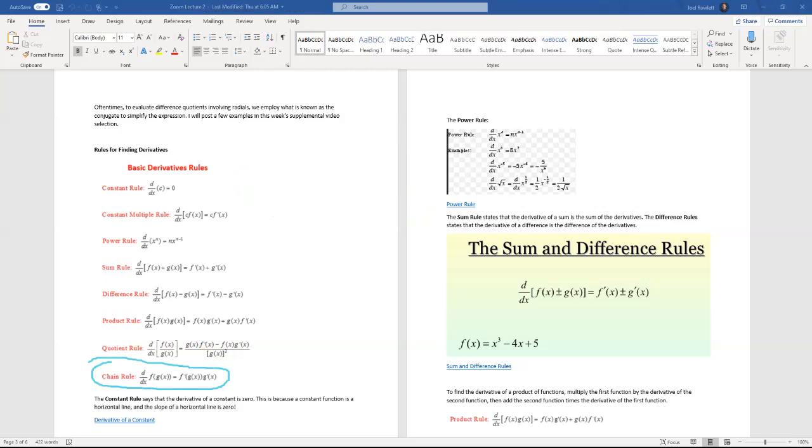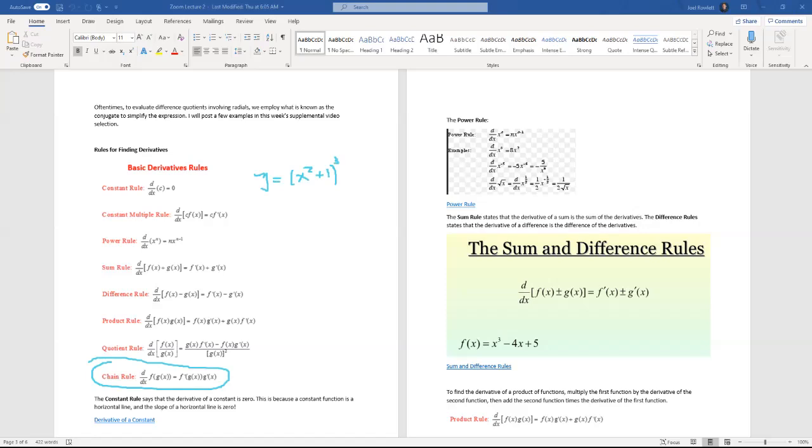And I'm going to illustrate that with, let's say we have y is equal to x squared plus 1, and let's raise that to the power of 3. Well, this problem here is very different. If we had had y is equal to x to the power of 3, we would simply use the power rule. But here we have something totally different.